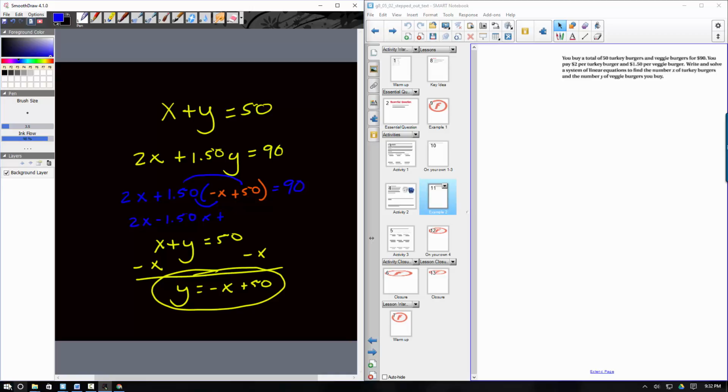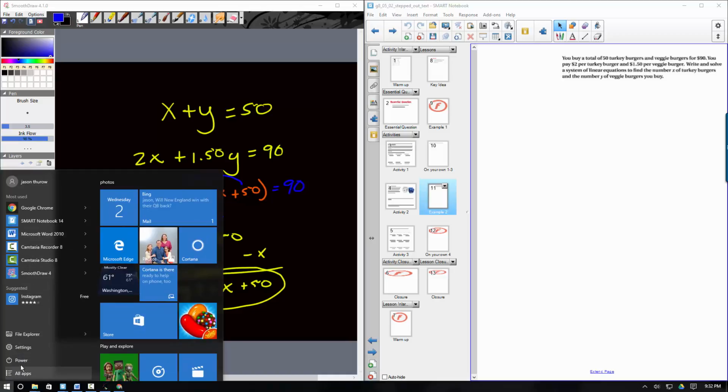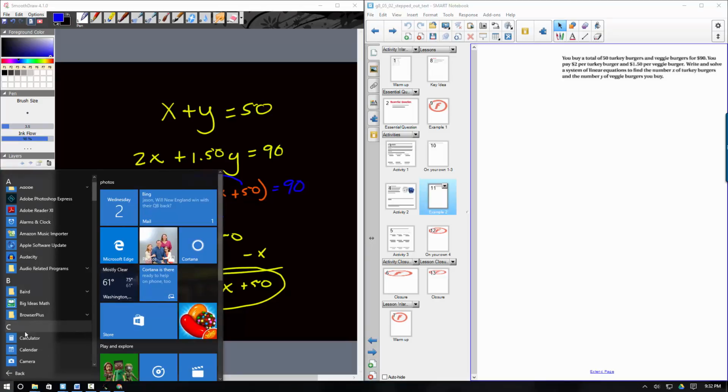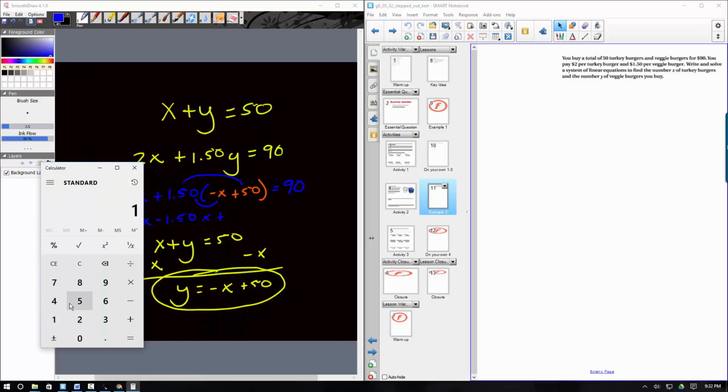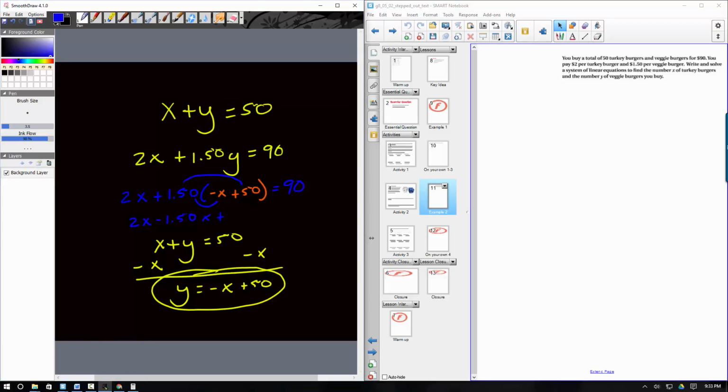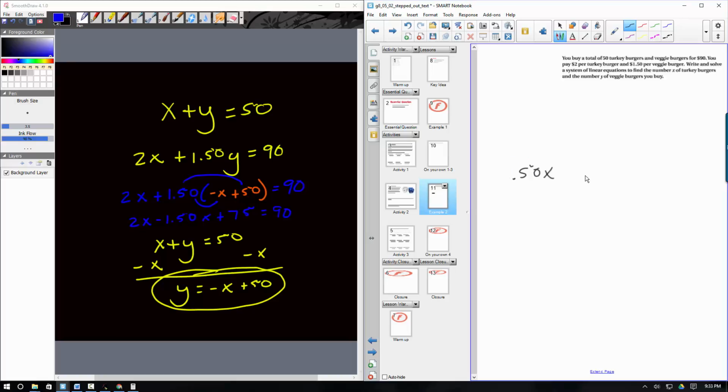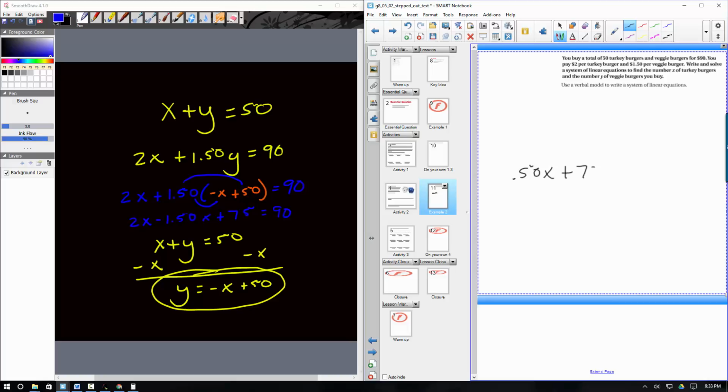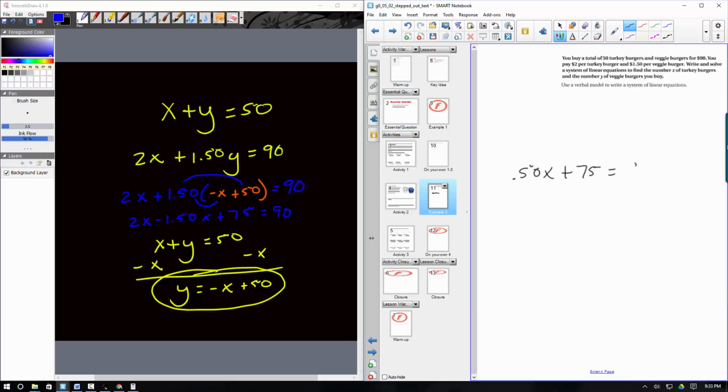If I just do that real fast, let's go through here. So I'll say 1.50 times 50. I get 75. So I'll say plus 75 equals 90. And now we'll combine this, and I'll start writing over here if that's okay. So let me just do this real fast. So I'm going to have my 0.50x plus 75 equals 90.